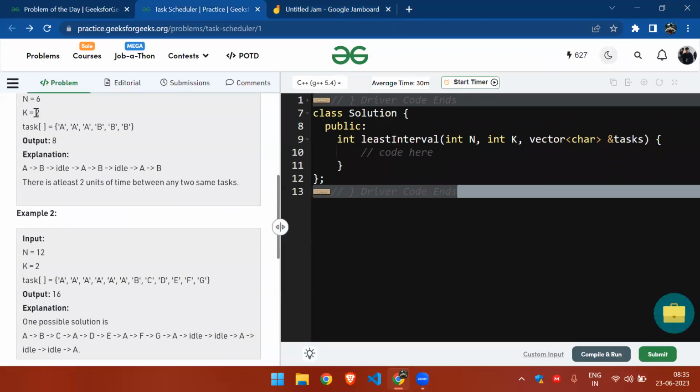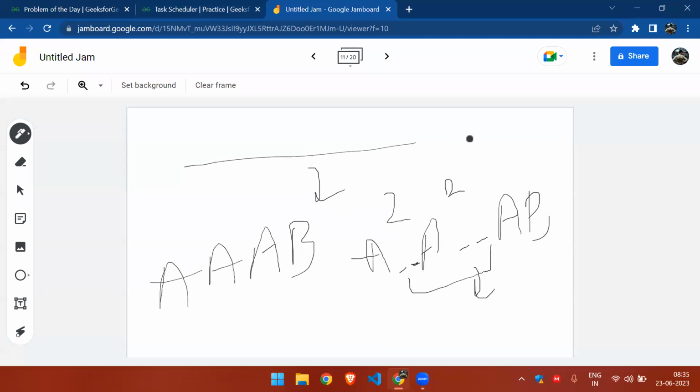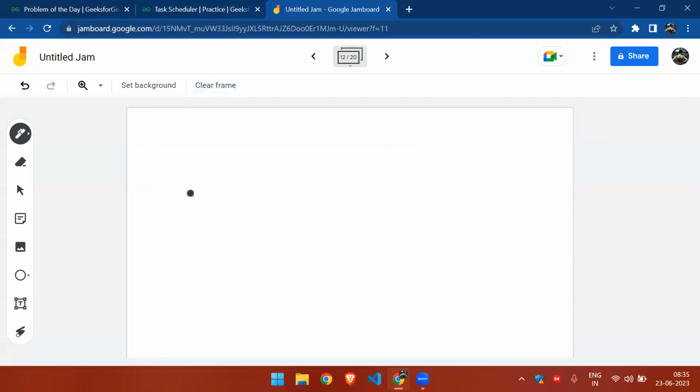In this problem, suppose if we look at the test case, let us say we have the idle time as 2 units. Okay. So we do 2 multiplied by 2, right? Suppose we had A, and A.